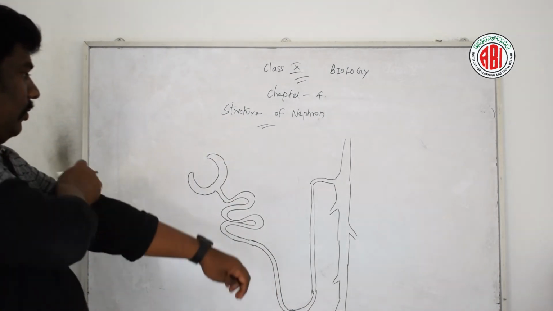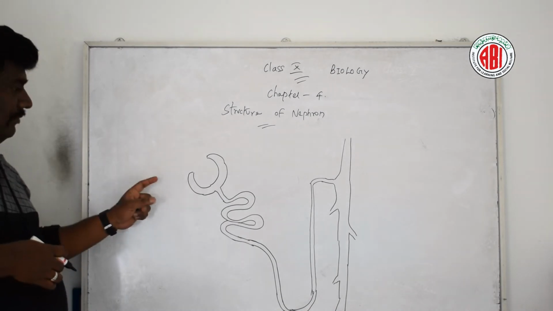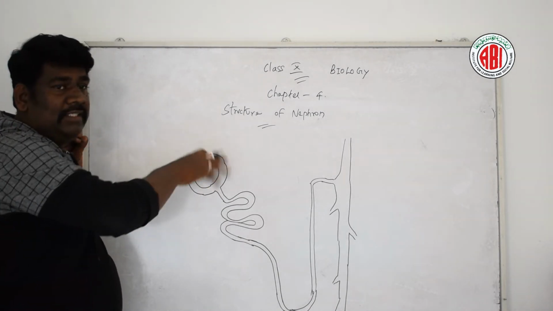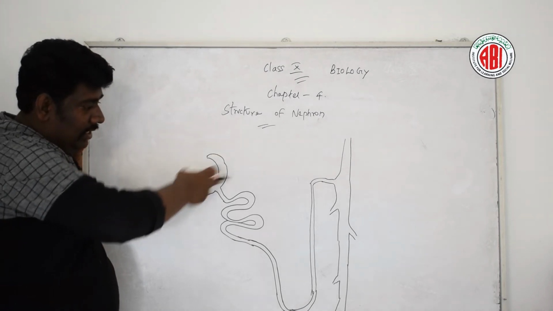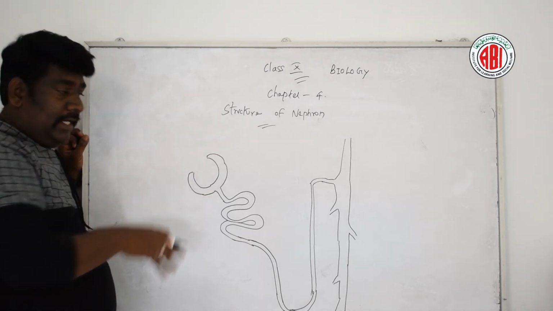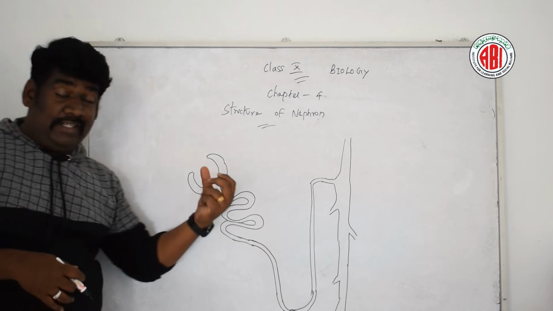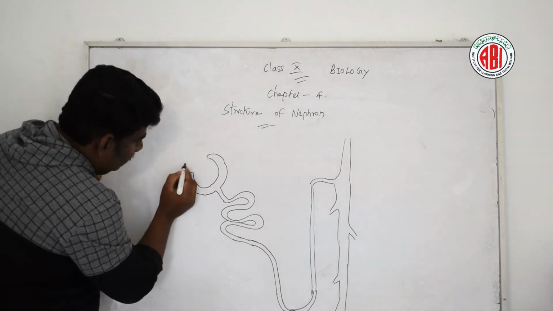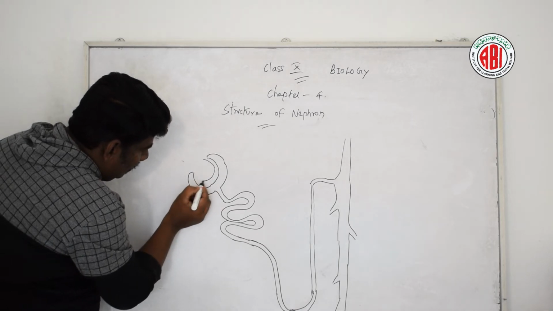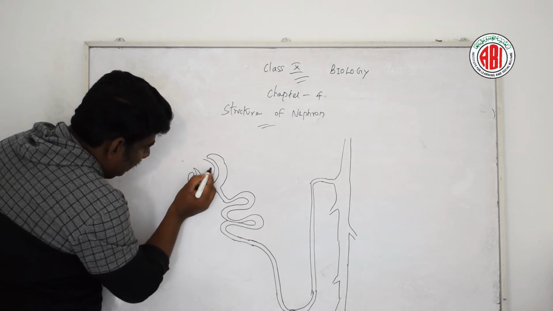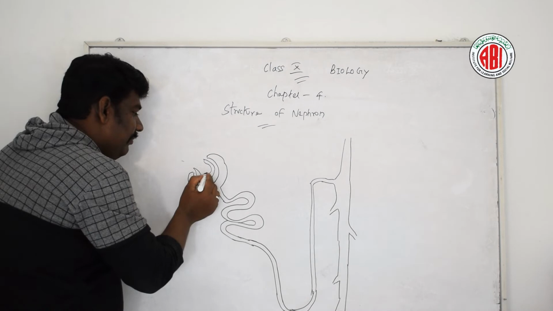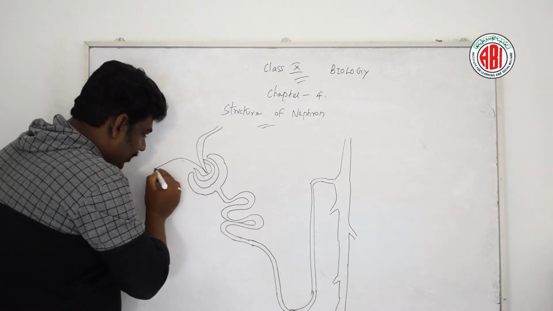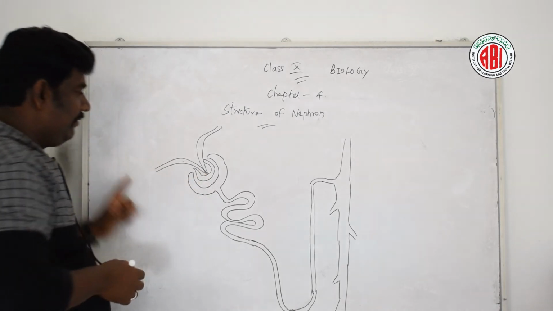Now from this particular structure we are going to show some of the arteries and veins which are supplying blood and also involved in the ultrafiltration of urine. So make it some cup-like structure. Here again one more, and from here we make one tube from the right side and the other tube from the left side.